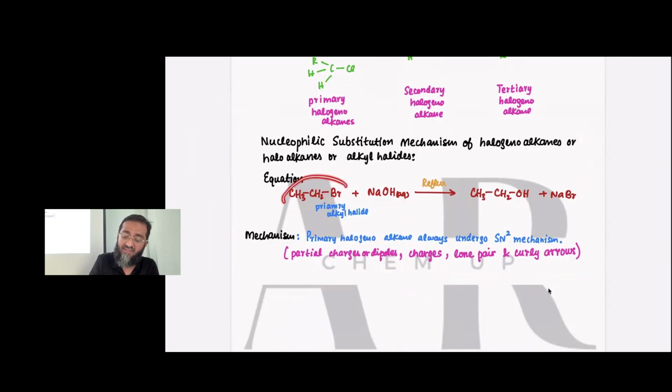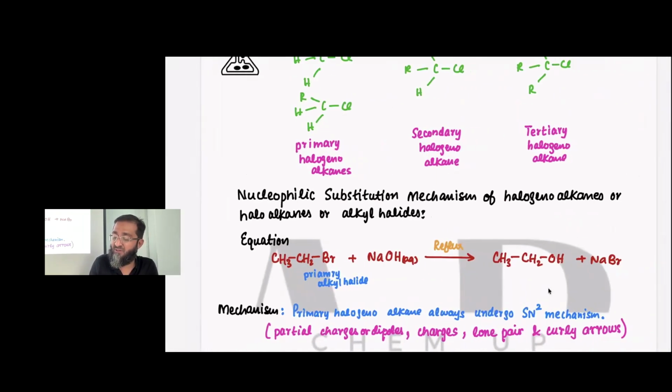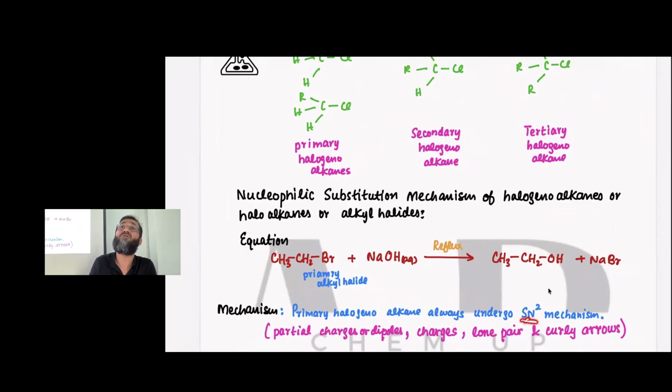Now if you look at this halogenoalkane, the halogen is bonded to a carbon. That carbon has CH2, so it is bonded to 2 hydrogens and 1 alkyl chain. So it indicates that it's a primary halogenoalkane. So remember, primary halogenoalkanes always undergo the SN2 mechanism, and that's what we are going to study right now.